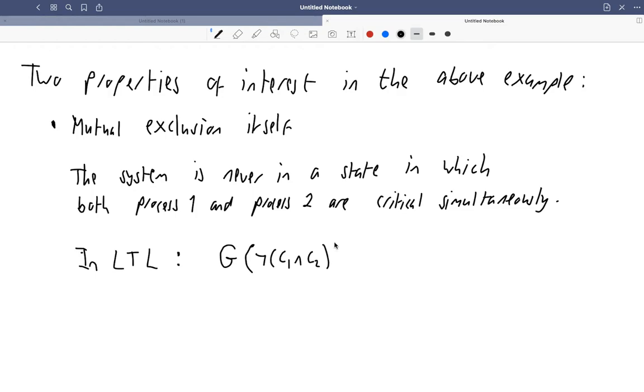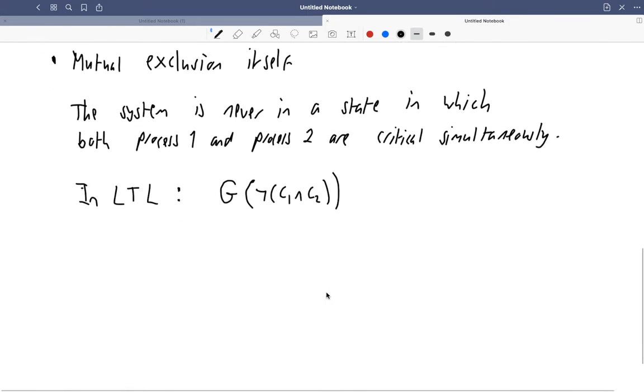C1 and C2 are properties that hold in a state. If C1 holds, then process 1 is critical in that state. If C2 holds, process 2 is critical. And this says it's never the case, globally, along any run, that both C1 and C2 hold.